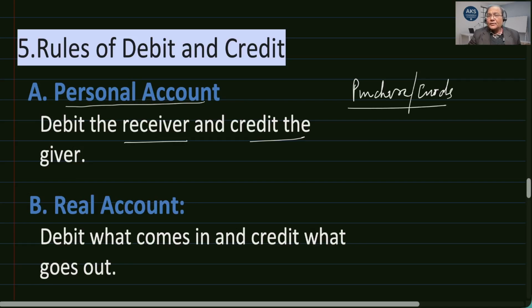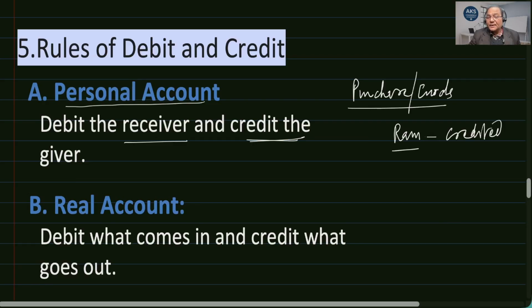This is not a real account, purchases or goods. But there is another important part, credit the giver. Who has given us? There is Ram, from whom we have bought the goods. So Ram account is required to be credited, and the rule says debit the receiver, credit the giver.